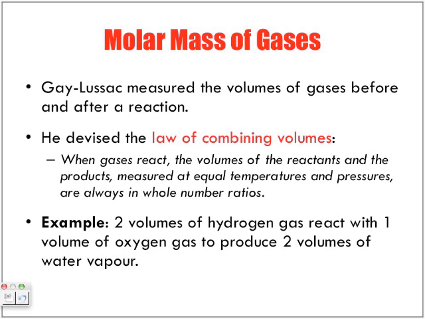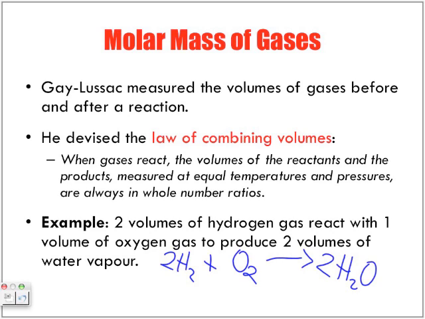So 2 volumes of hydrogen gas react with 1 volume of oxygen gas to produce 2 volumes of water vapor. And these numbers coincide with the number of moles found when we're putting together 2 molecules of hydrogen gas, 1 molecule of oxygen to form 2 molecules of water.